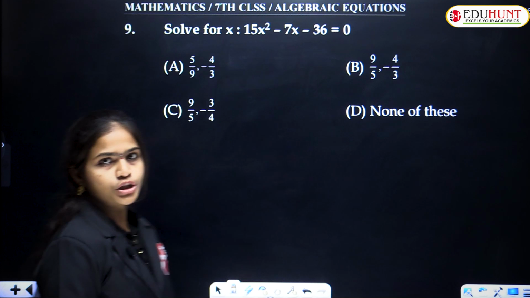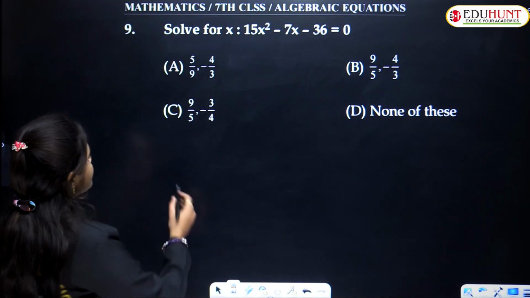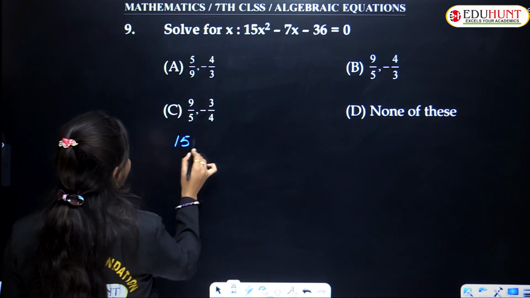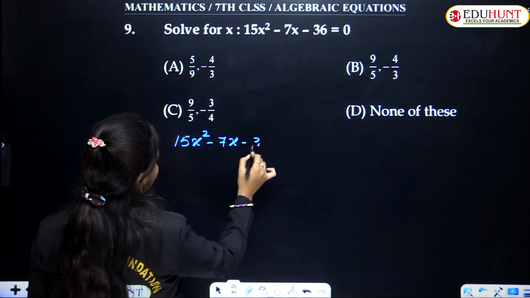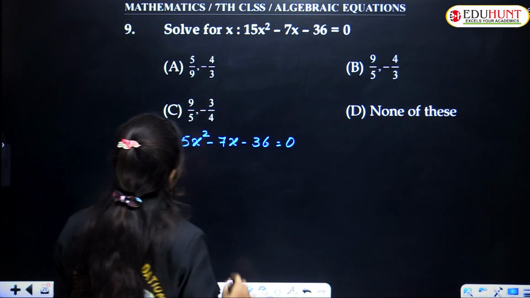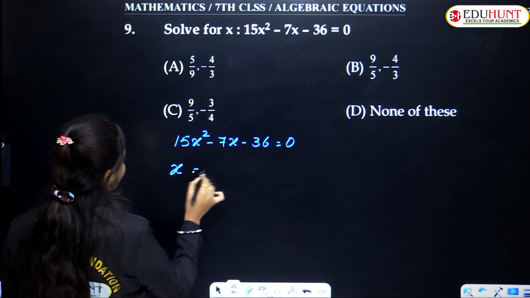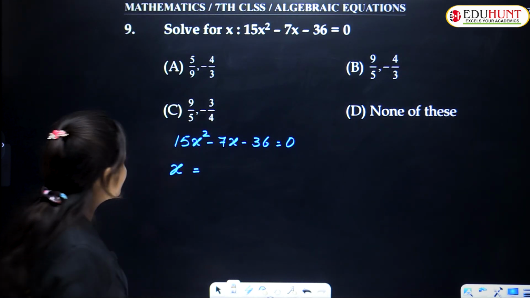Yes, the 9th question. This is also just like the previous one only. So see that, 15x square minus 7x minus 36 is equal to 0. So again find that x value here. Quadratic roots again.